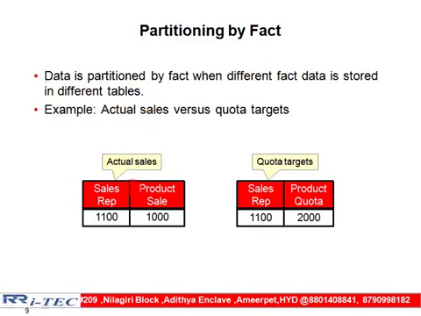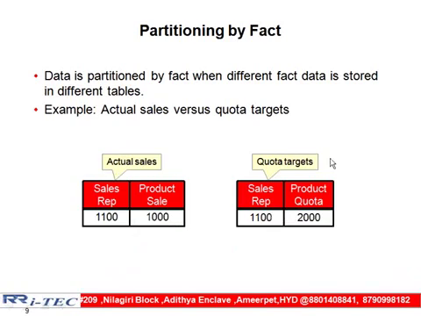For example, actual sales we store in this table and quota targets we store in this table. Tomorrow, if I expect actual data, my report needs to execute against this table. If I expect only targets data, my report needs to execute against this table. If I expect both, sales with the corresponding target data, then it has to get from both the tables.